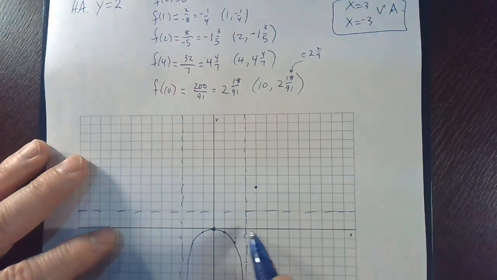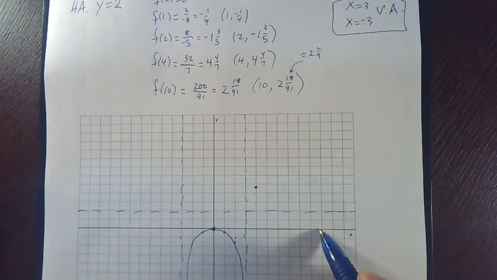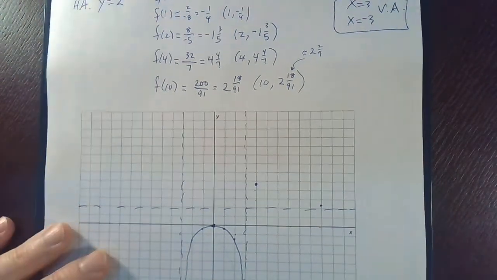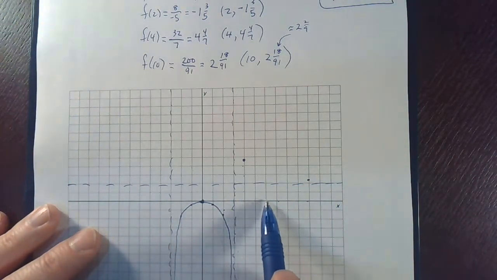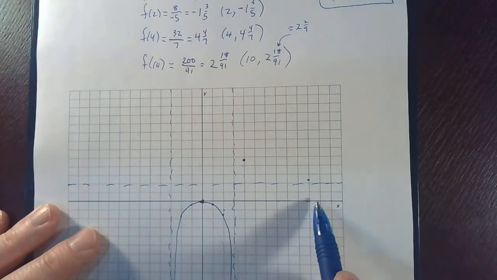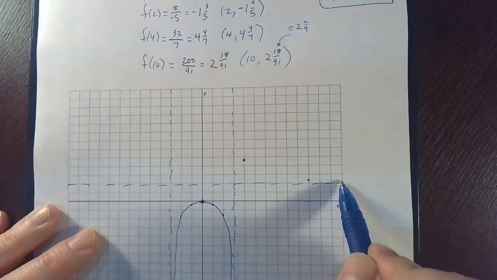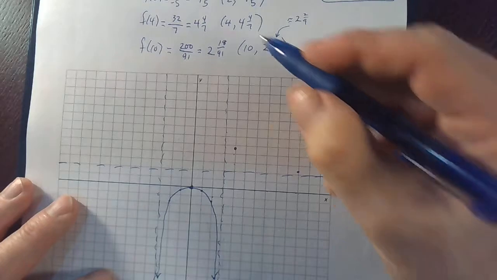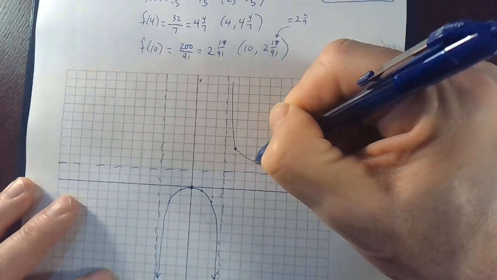So at 10, go up 2 and a little bit more. You shouldn't be surprised that it's very close to that asymptote. If I went out to 11, 12, 13, it would be 2 and even a smaller number, getting closer and closer. So this graph looks like it'll be like this.